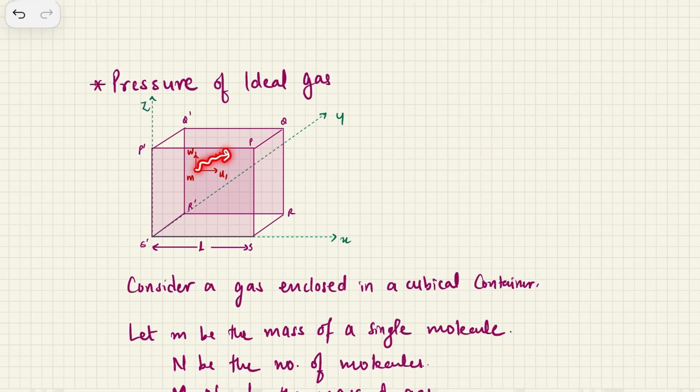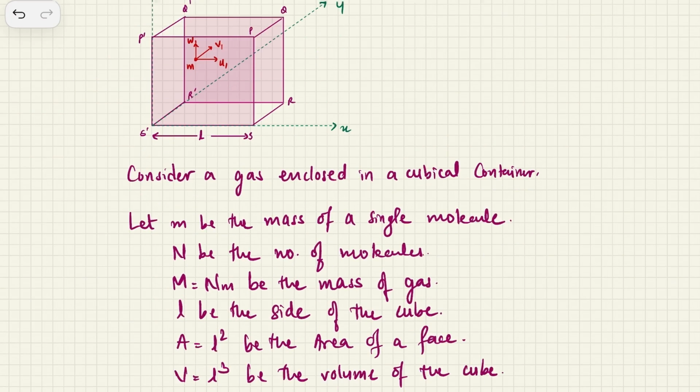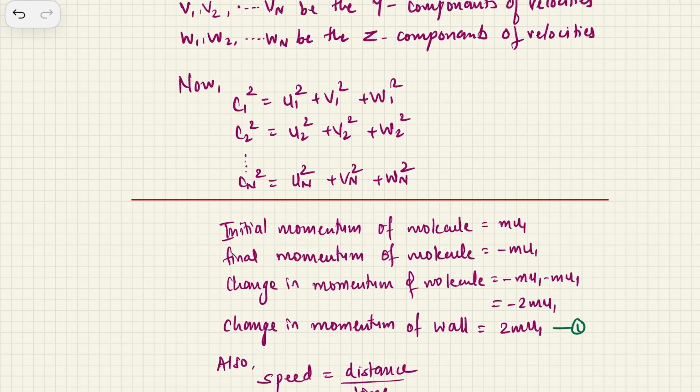Had the molecule been moving in any random direction, it would have x, y and z components. But if the molecule was just moving in the x direction, its entire velocity would have been u1 and the mass is m. The basic formula for momentum is mass into velocity. So mass is m and the velocity is u1, so the momentum is mu1. The initial momentum of the molecule is mu1.